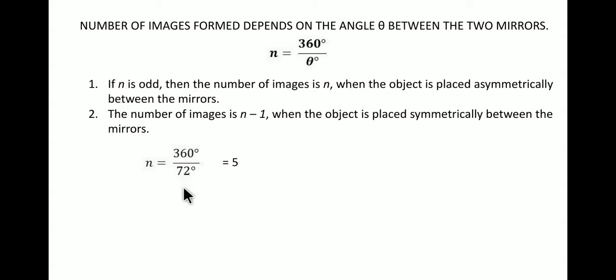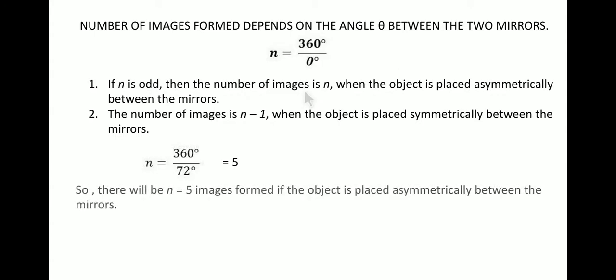Since n is equal to 5, an odd number, the number of images will also be equal to 5 if the object is placed asymmetrically between the mirrors. That means if the object is placed closer to one of the mirrors and away from the other mirror, then it is asymmetrically placed. Then in that case the number of images will be equal to 5.